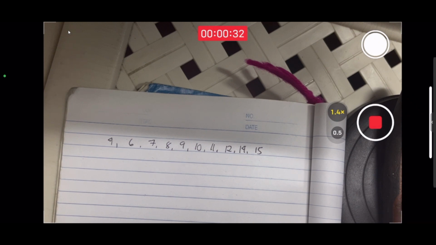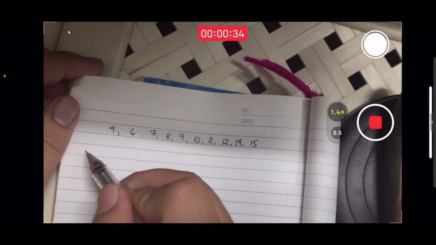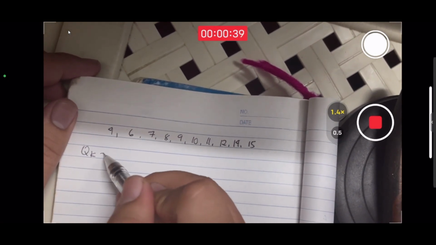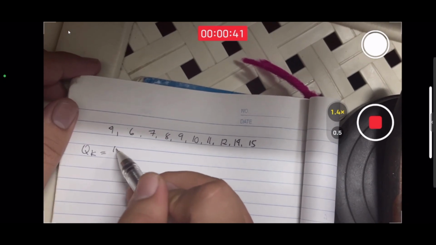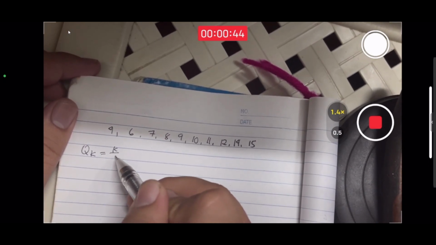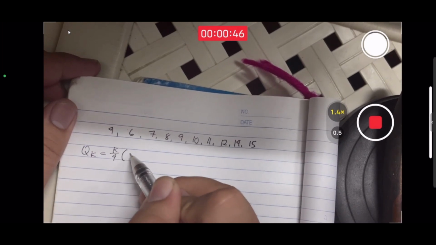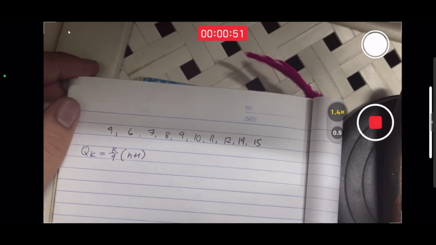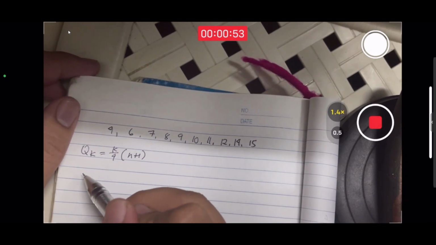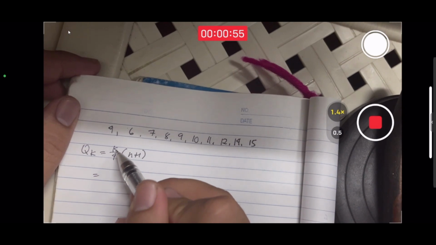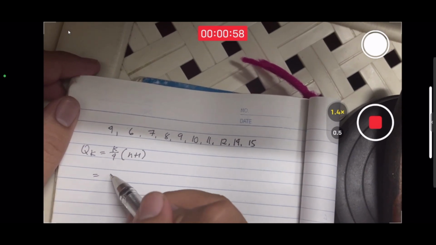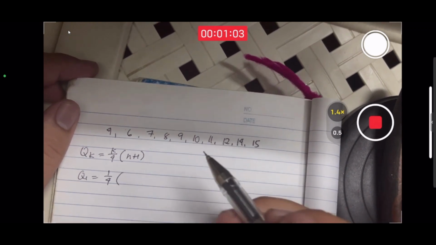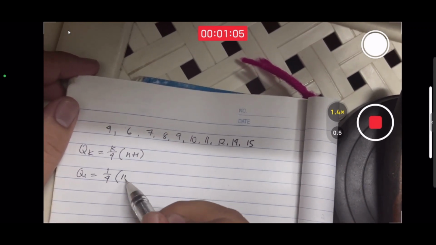Again, our formula in finding the quartile, Qk, is equal to k over 4 times (N plus 1). Our k is equal to 1, or quartile 1: 1 over 4 times (our N, 10, plus 1).